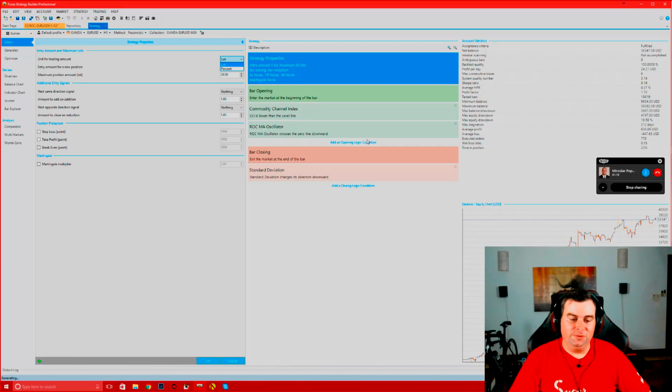I agree 100% with that. The other factor is, regardless of how you're trading, manual trading or with automated trading systems, the psychology with real money is totally different.